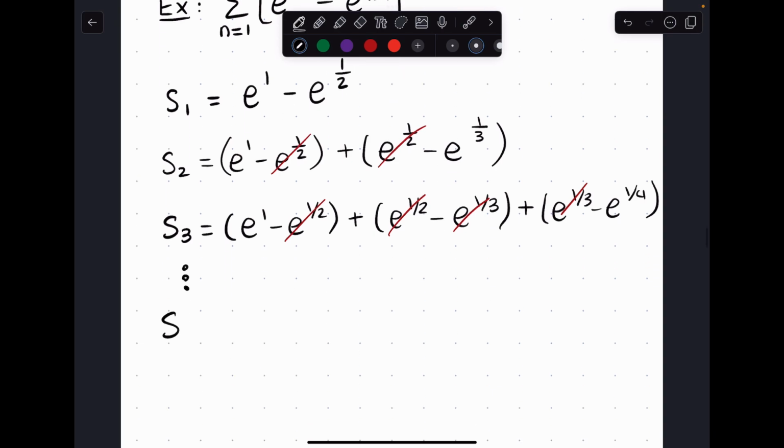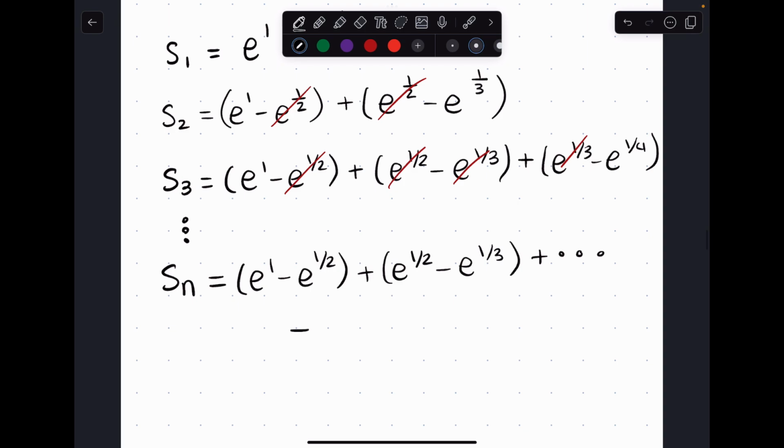So if I look at S sub n, I'm going to have e to the 1 minus e to the 1/2 plus e to the 1/2 minus e to the 1/3, and I'll keep going until eventually I add e to the 1 over n minus e to the 1 over n plus 1.